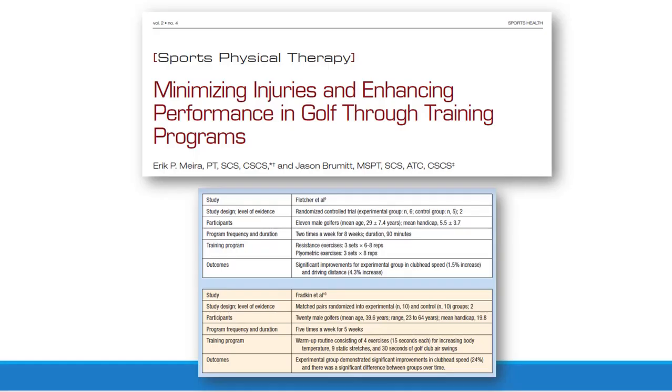For example, Sports Health, which is an orthopedic surgeon-based journal, kind of a clinical journal, with also collaborations from the American Physical Therapy Association and the National Athletic Trainers Association. They published one of my papers, and study design was required within these tables of the articles that we looked at. And so we had to report the study design and the level of evidence.